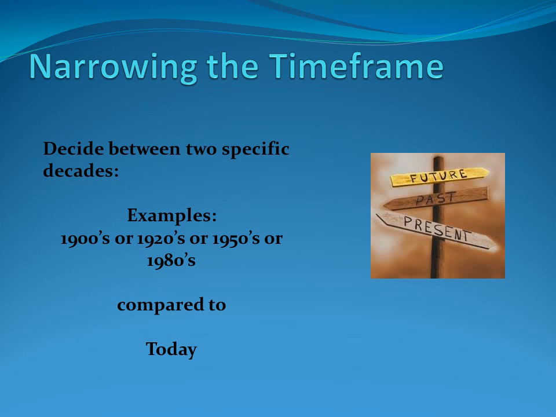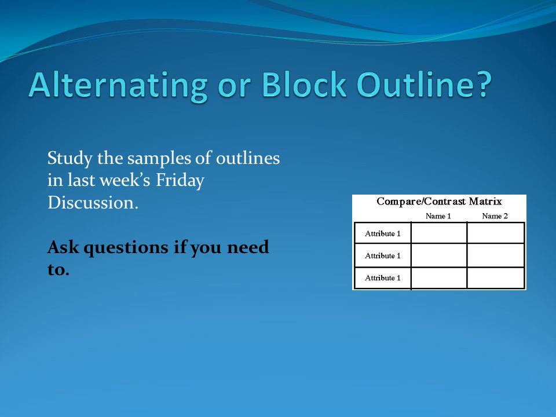That's very, very important because January 1st, 1900 was very different from December 31st, 1999, when we had so much technology, etc. So narrow the topic by choosing a specific decade.